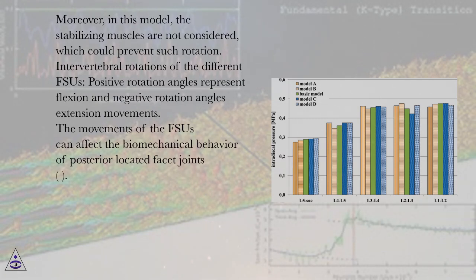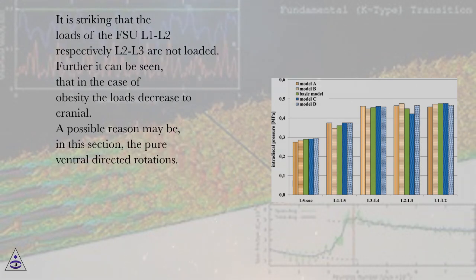Intervertebral rotations of the different FSUs, positive rotation angles represent flexion and negative rotation angles extension movements. The movements of the FSUs can affect the biomechanical behavior of the posterior located facet joints. It is striking that the facet joints of the FSU L1, L2 respectively L2, L3 are not loaded. Further, it can be seen that in the case of obesity the loads decrease to cranial.